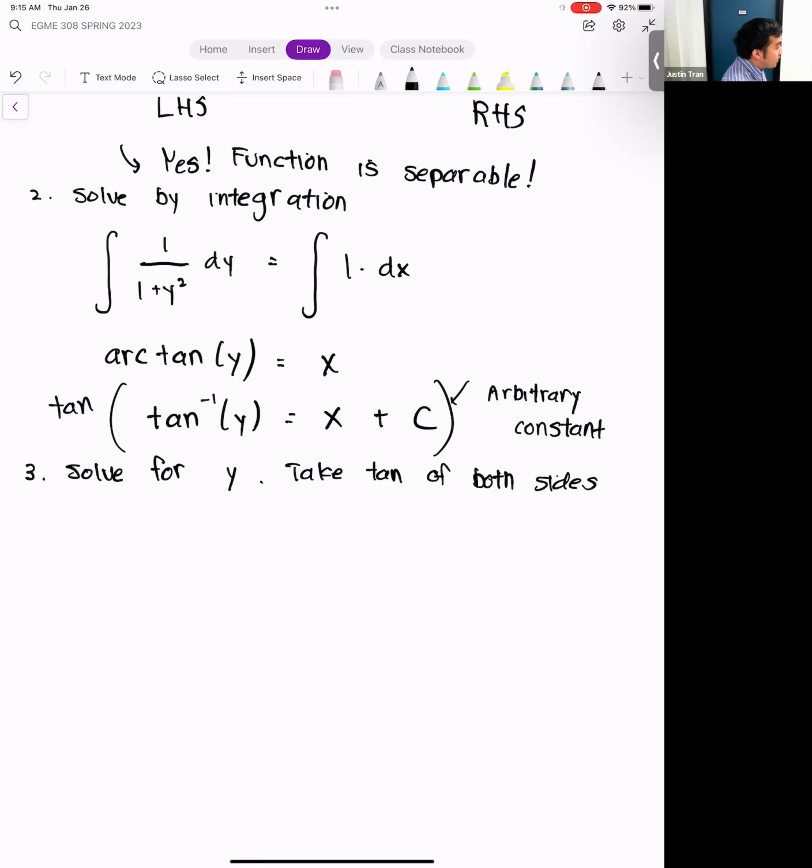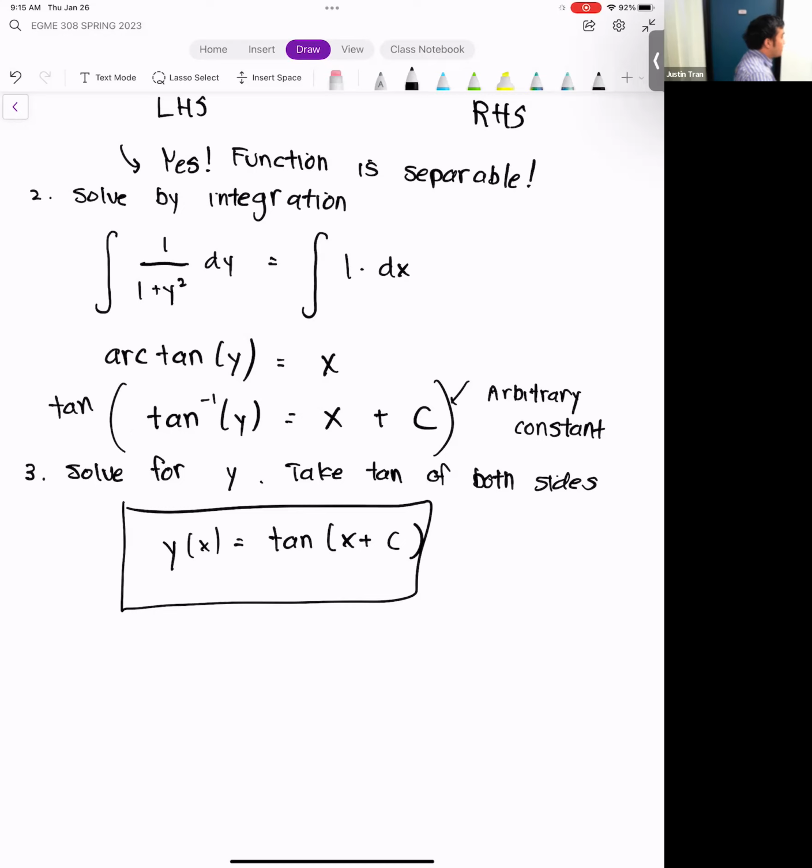Those two are going to cancel out, so on the left-hand side we have y of x. On the right-hand side, we have tangent of x plus c. And that right there is the solution to our problem.